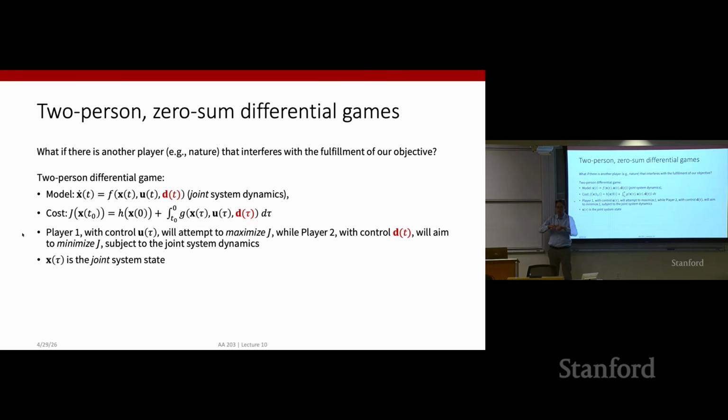So u and d are coupled through the joint system dynamics. The evolution of the state depends on both u and d through the function f. And the cost g also depends on u and d. We'll see some examples later. But does this make sense?